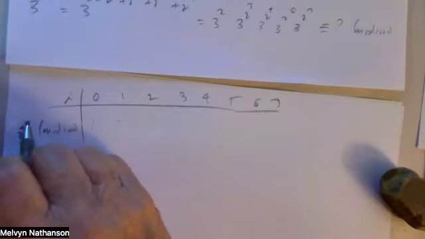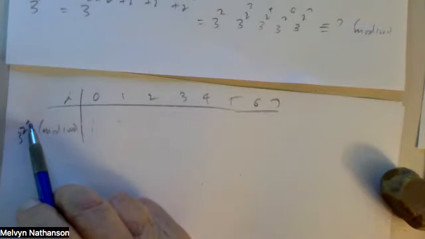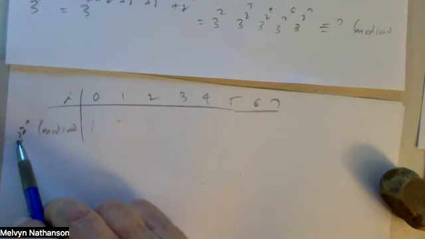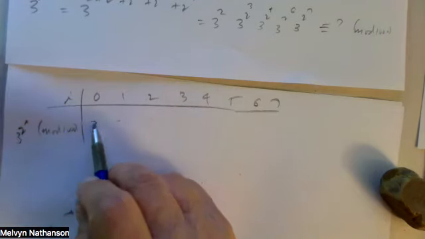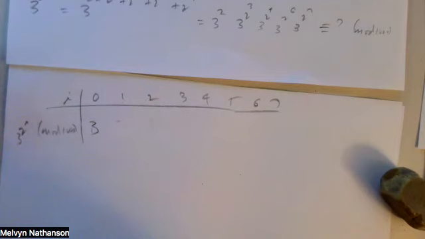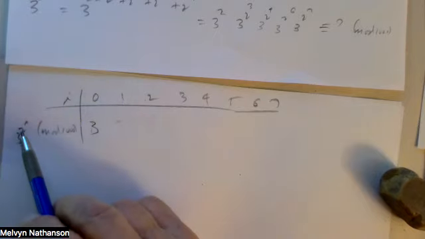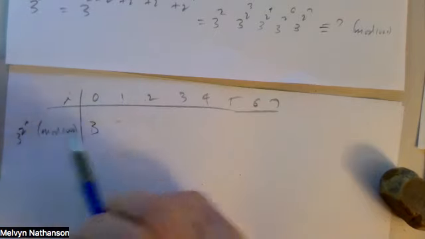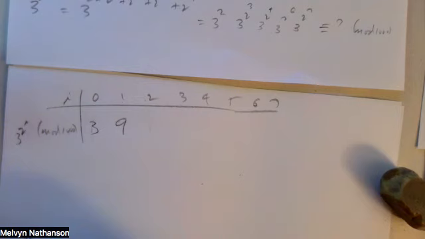So I want 3 to the power 2 to the I. So when I is 0, 2 to the 0 is 1. 3 to the first power is 3. When I is 1, this is 3 squared, which is 9.